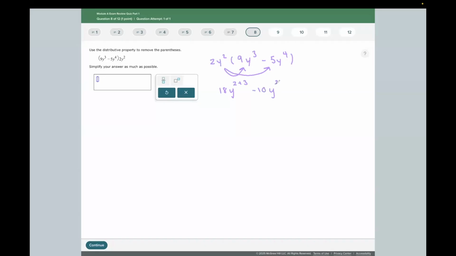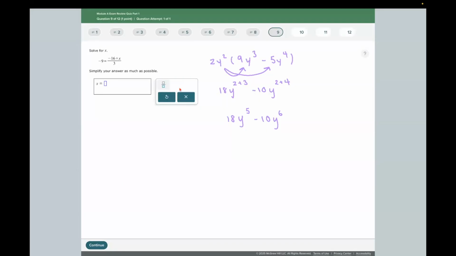This will be y to the 2 plus 4. So if we clean this up a little bit, we get 18y to the 5 minus 10y to the 6. All right, let's type that in. 18y to the 5 minus 10y to the 6. All right, let's keep going.